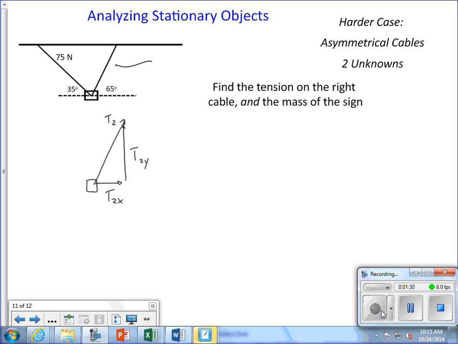You see a steeper string like this, it's doing most of the lifting, right? And here's why. One thing I know for sure is that T1x has to be the same size as T2x. They're the only horizontal components of any force in this situation, and in order for this thing to be in equilibrium, they have to be equal and opposite.